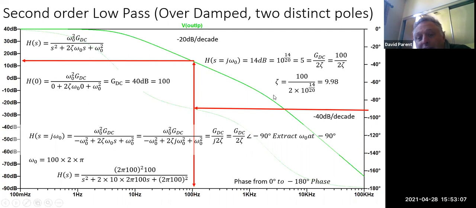But because I can see 2 big breakpoints here, zeta will be large, right? And on the exam, I really try to make it really obvious. Like if zeta is 1, you'll see 1 breakpoint, but that'll happen at -6 dB. But then zeta won't be 1.1 or 1.5 or even 2.